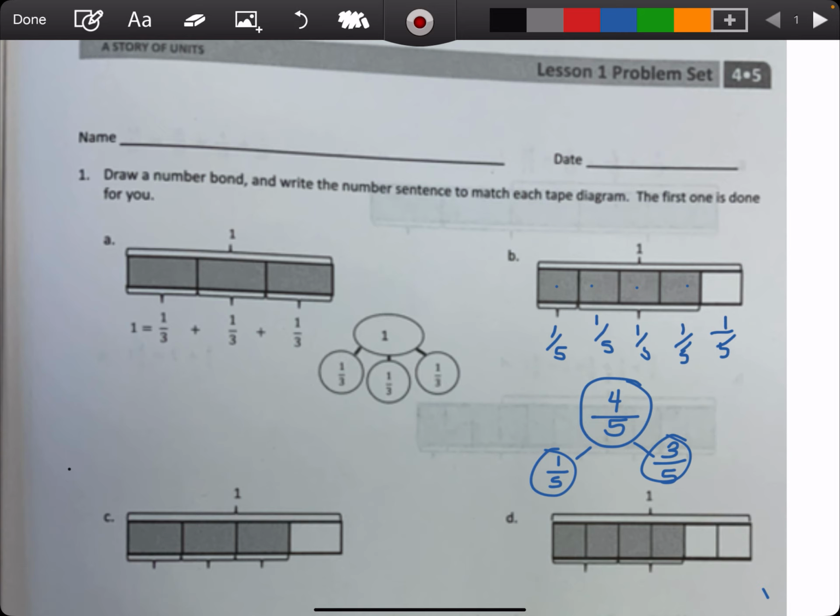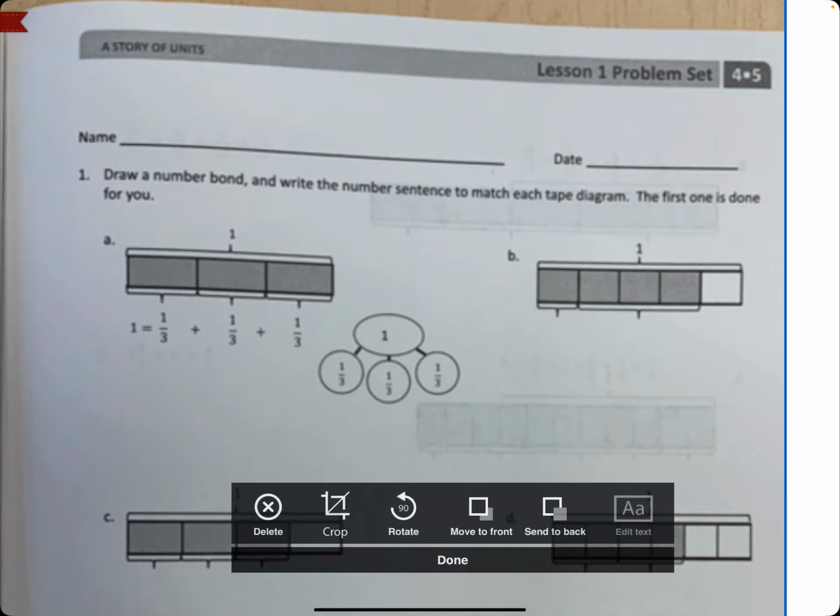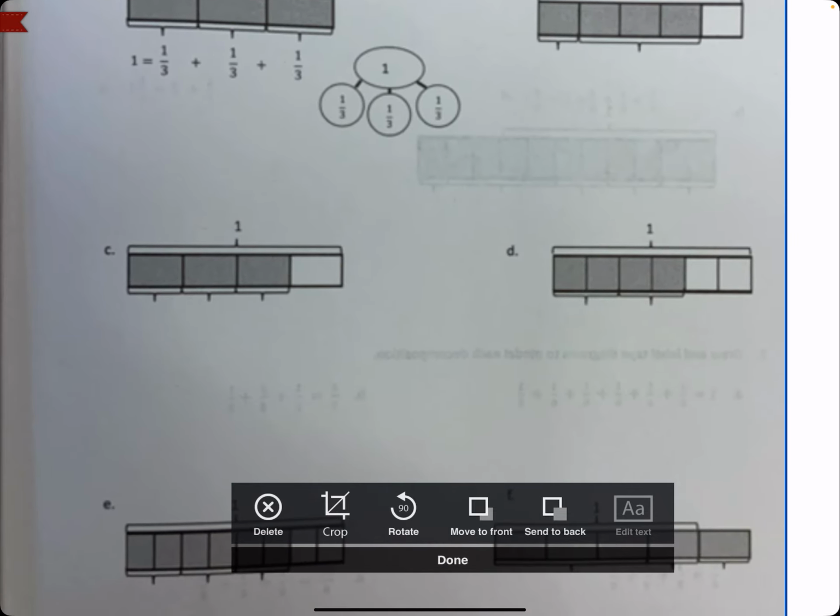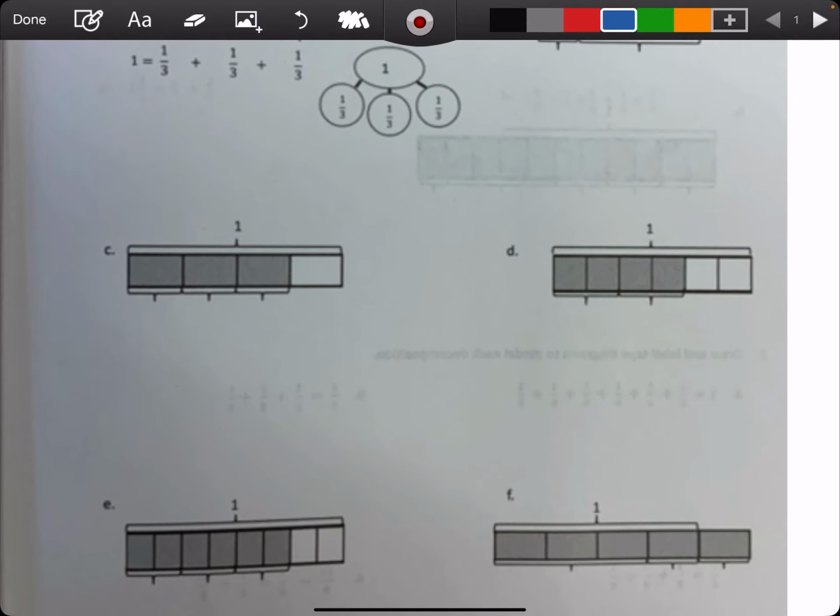Now, that's not the only way that you can decompose 4/5, but you want to decompose it in a way that the model is showing here in the tape diagram. Okay, so now I'm going to move this up and let's look at C. Well, first thing when I look at C, I say, how many equal pieces are in the whole?